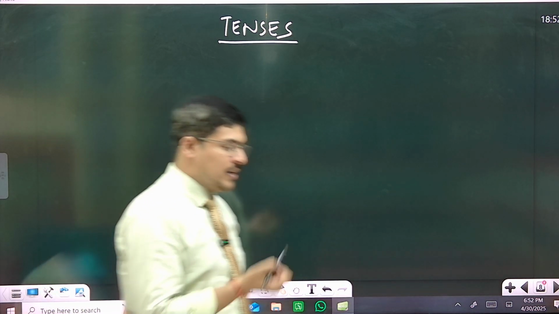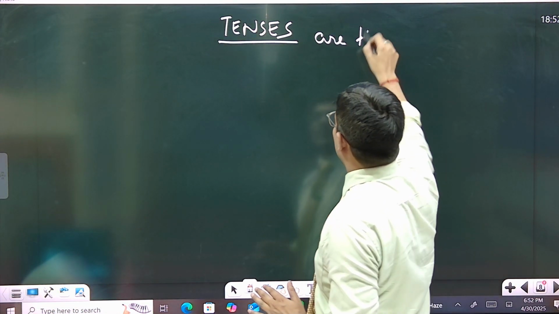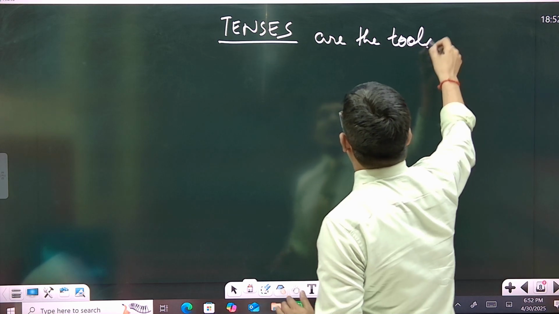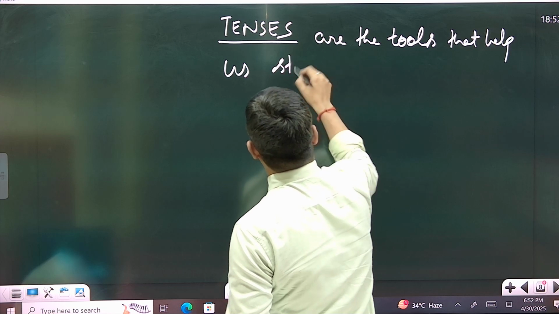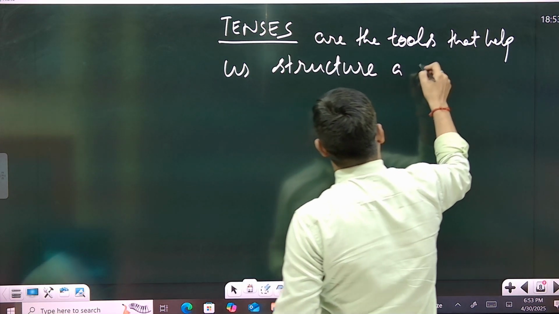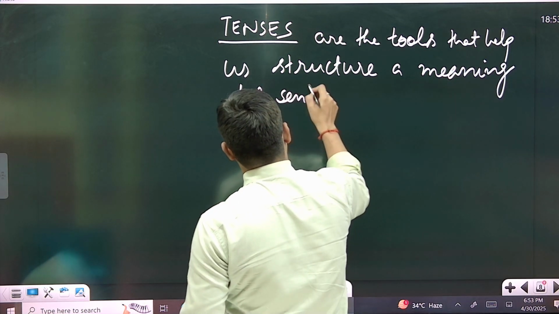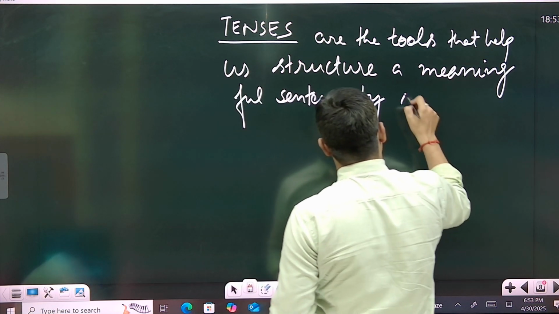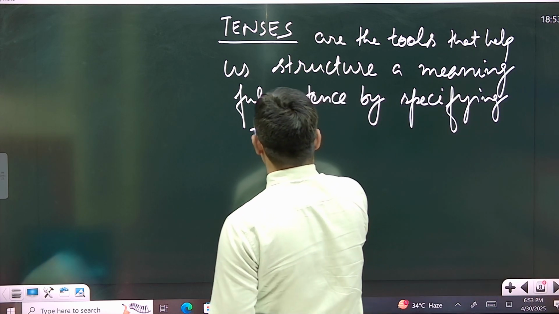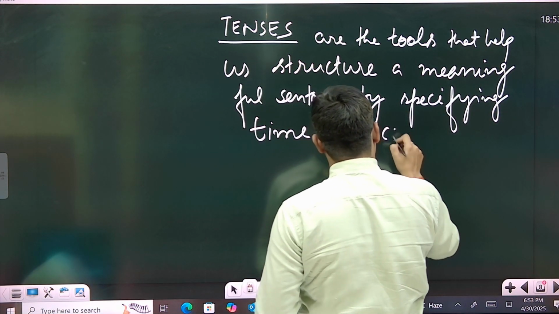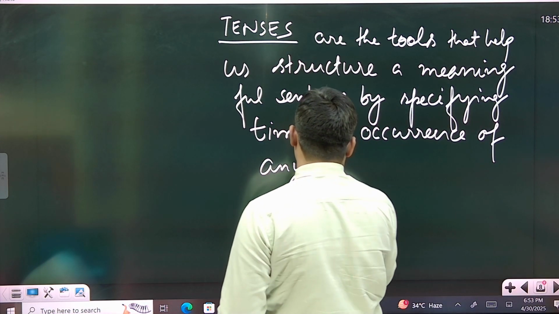Now, if we talk about the definition of tenses, we say tenses are the tools that help us structure a meaningful sentence by specifying the time of occurrence of any action.